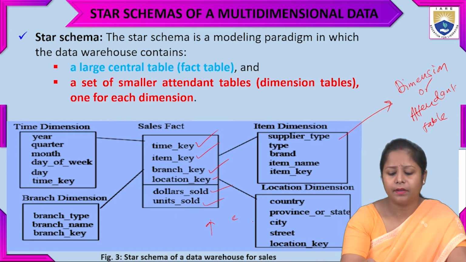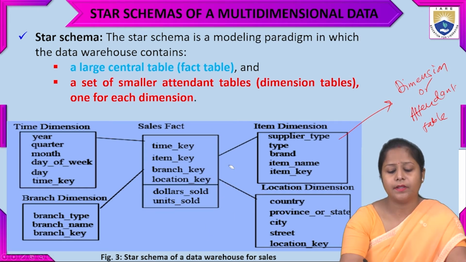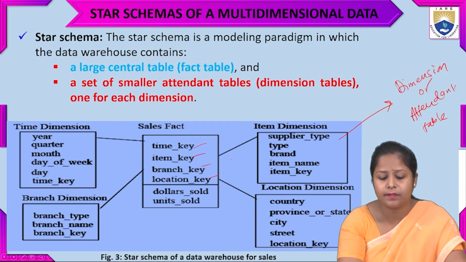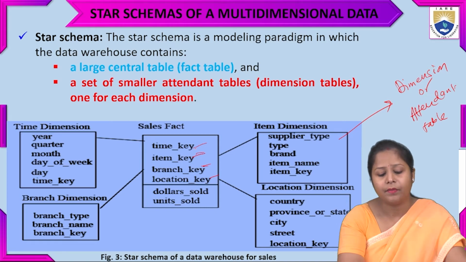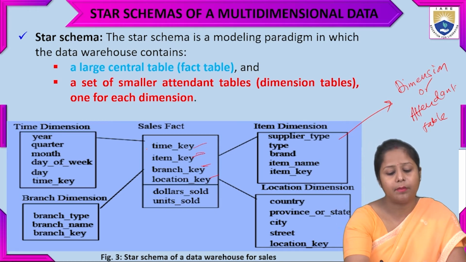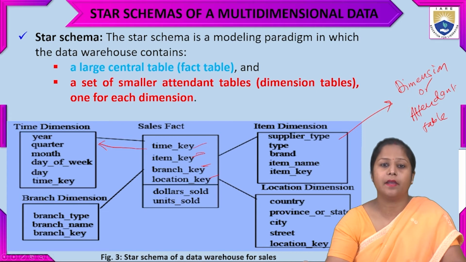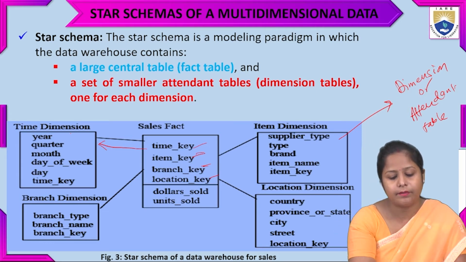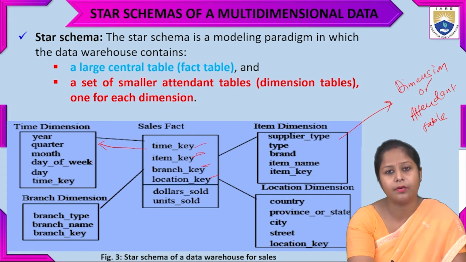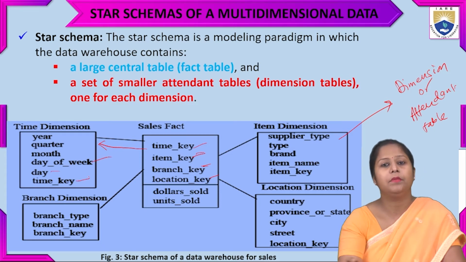Here we can see these are the attributes, and we can also say these are the dimensions. For the time key, there is a time dimension table, which has the attributes year, quarter, month, day of week, day, and time key.